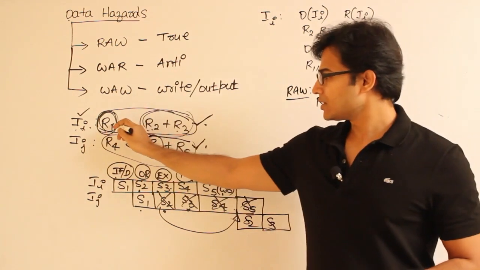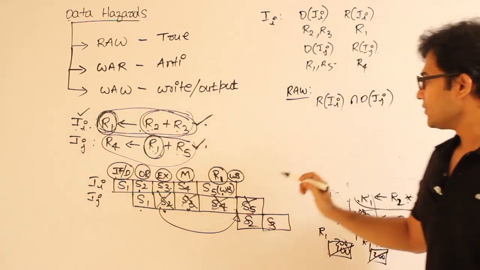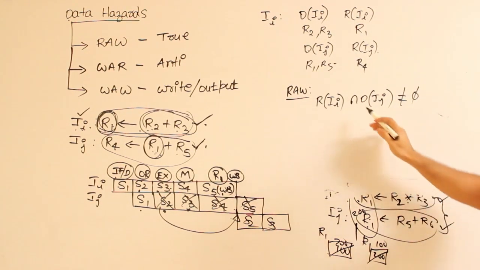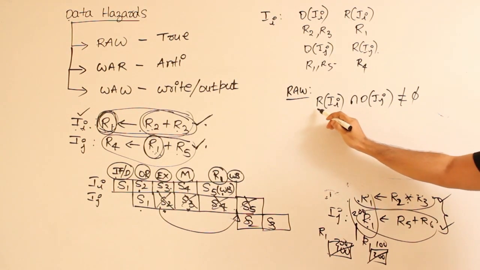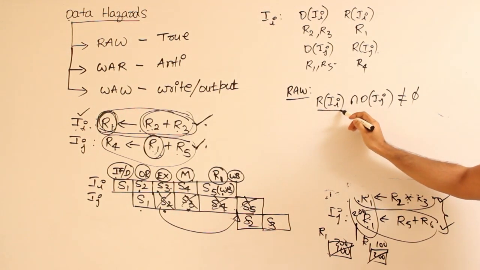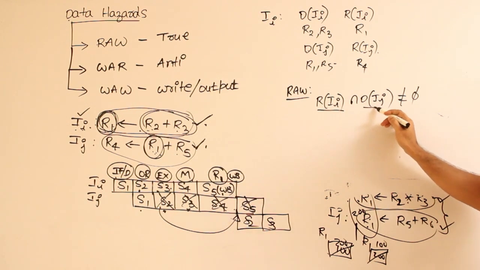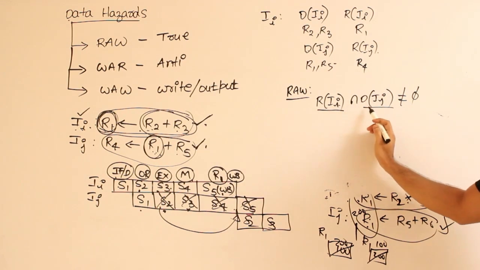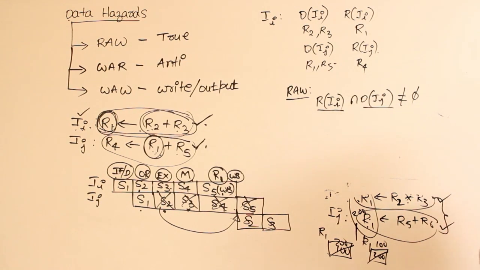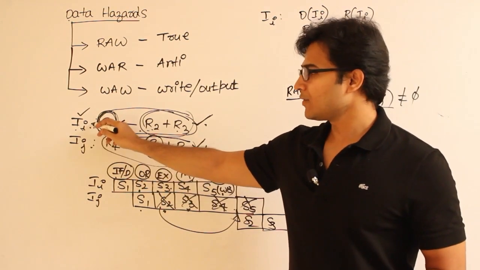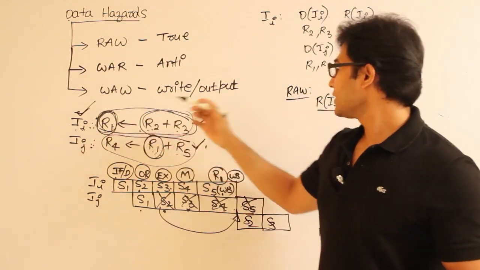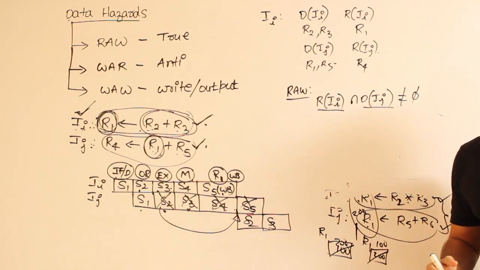Are you getting this? This is the range of Ii and this is the domain of Ij. If there is anything in common, which means if it is not equal to phi, what does it mean? So one instruction is trying to write something and other instruction is trying to read it. If this is the case, which means if there is something common between them, then we can say that there is this read after write dependency. And remember that in this case Ii and Ij have to be in this order, which means Ii has to be above Ij. In that case we can declare that there is a read after write dependency.